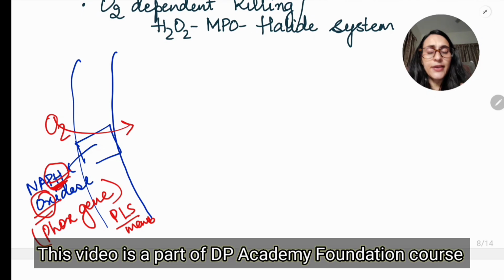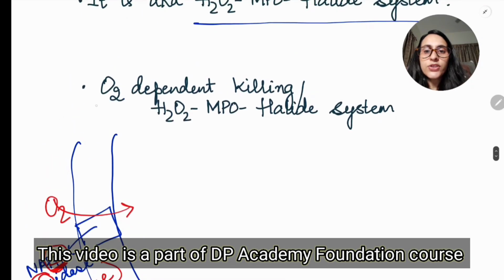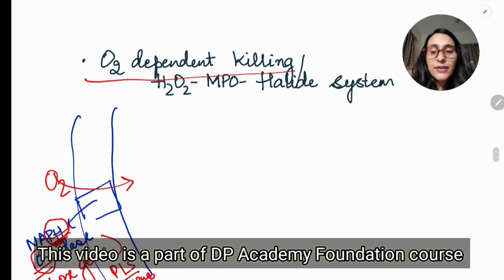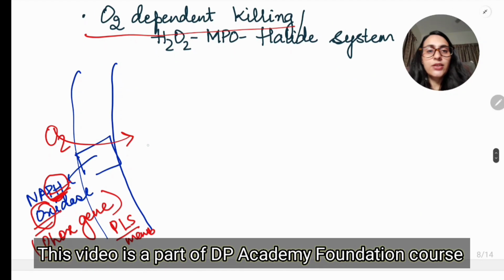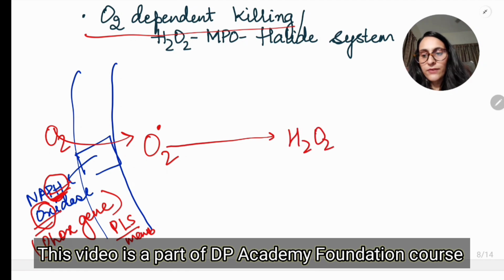With the oxygen dependent killing, oxygen we are taking, that is why it is oxygen dependent killing. Why oxygen dependent? Because with the help of oxygen, now we are killing the bacteria. How are we killing the bacteria with the help of oxygen? What we have studied earlier, that this oxygen is going to make a superoxide, which is a free radical. The superoxide is converted to hydrogen peroxide with the help of superoxide dismutase enzyme.